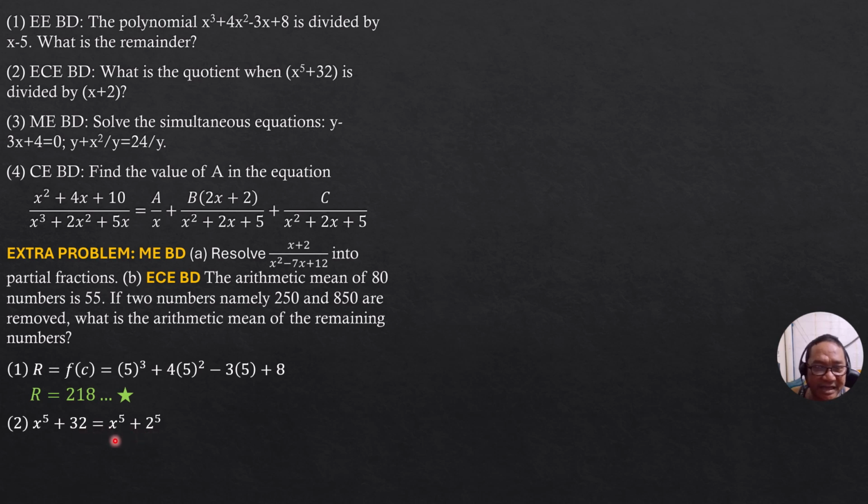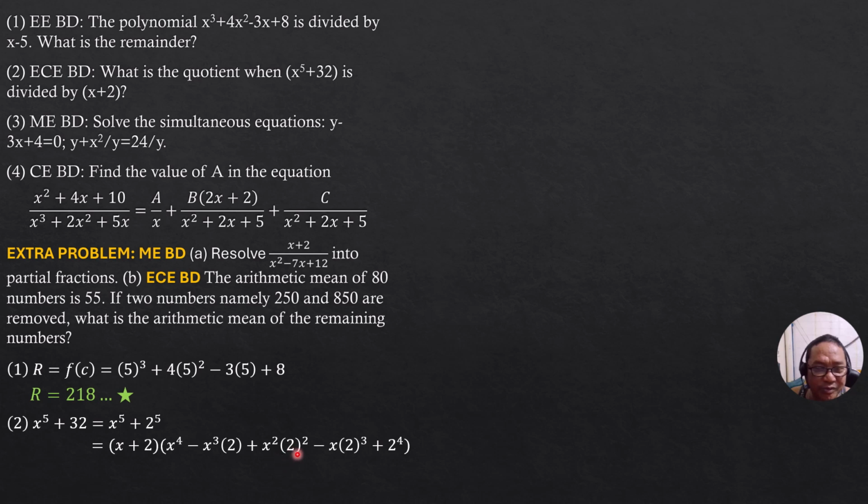In this case, x to the fifth plus 2 to the fifth is x plus 2 times x to the fourth minus x cubed times 2 to the 1, plus alternating sign, minus then plus. The power of x descends by 1, so x squared, and the power of the second term ascends by 1, so times 2 squared.